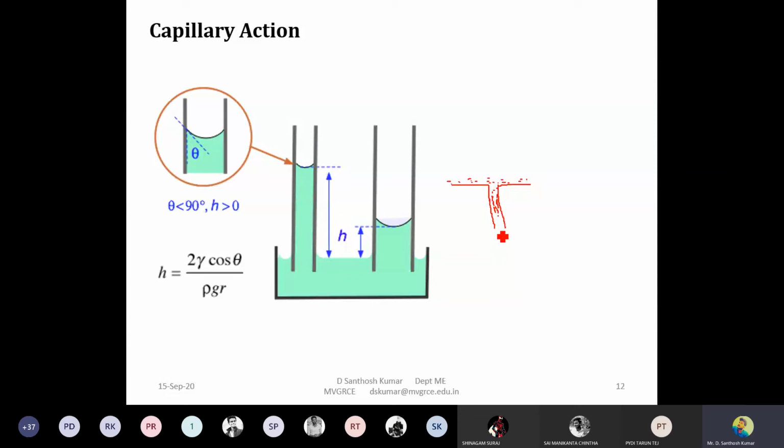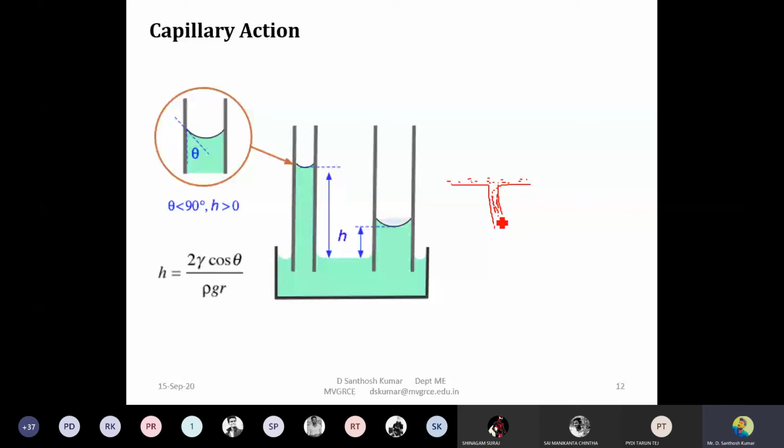Always this capillary action will develop due to the surface tension of the liquid. If you have a good surface tension, then only can the liquid be drawn into the discontinuities. That means if you spread a liquid on a solid surface, and that surface has some small openings or a fissure, then a capillary force will develop because of the surface tension of the liquid, and that capillary force will draw the liquid inside that discontinuity or opening.